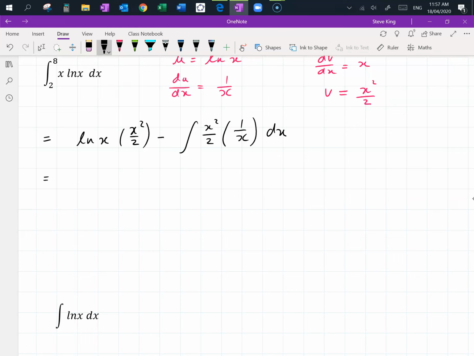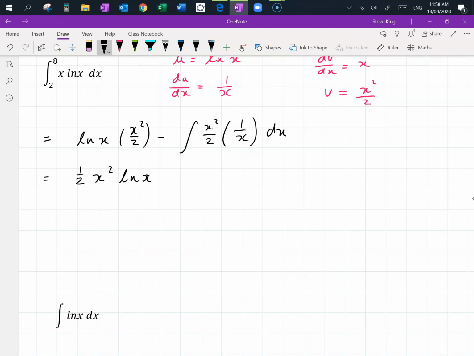So what have we got? We've got a half x squared ln x, and this x squared over 2 multiplied by 1 over x is going to simplify down to x.